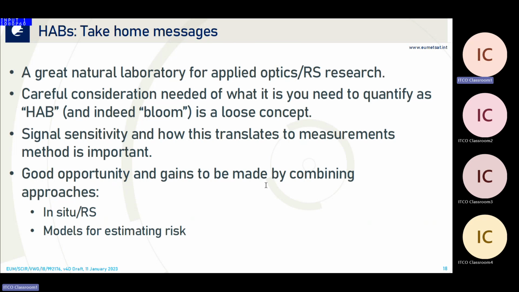We also need to understand the sensitivity of our signal with the sensor we are using, because there are limitations and we have to be aware of them. And it's a good opportunity to try combining approaches, like using in situ data with remote sensing, or using some modeling to estimate the risks.